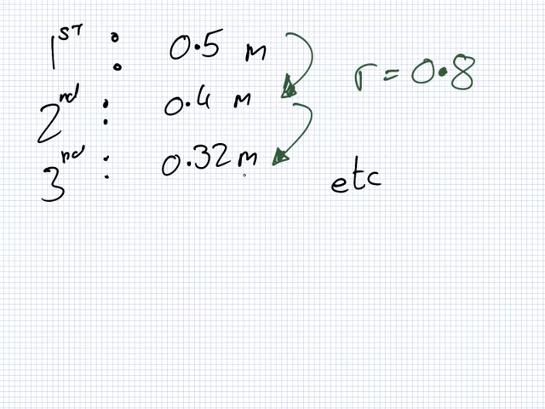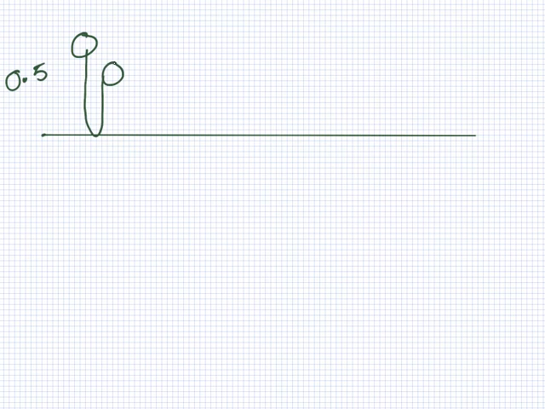Right, okay, let's have a look at this. So the people who got 2.5, I know why you got 2.5. And the people who got 5, I know why you got 5. And when you see how it's done, you'll realise the mistake that you made. So, what's happening is the ball is dropped from 0.5 meters. It comes down and goes up to 0.4.